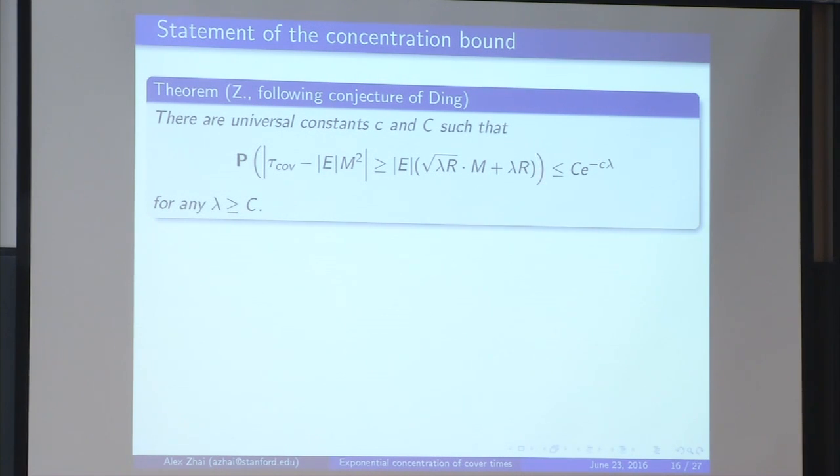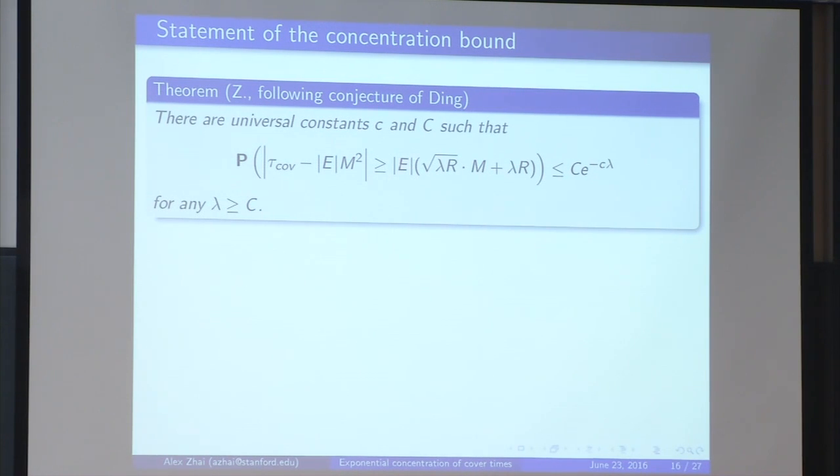Let me describe what the expression means: it's saying that the cover time is concentrated around e m squared with fluctuations of order at most e times root r times m.